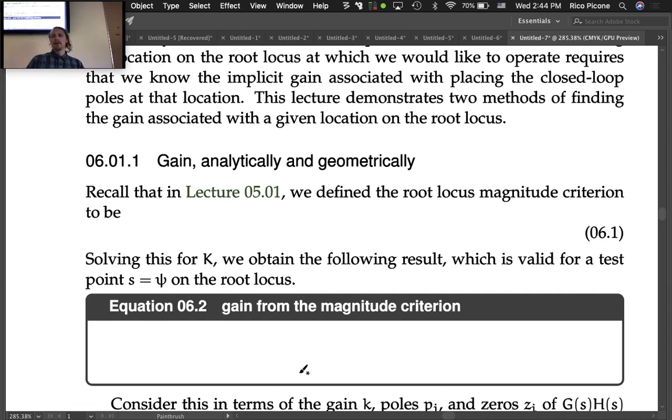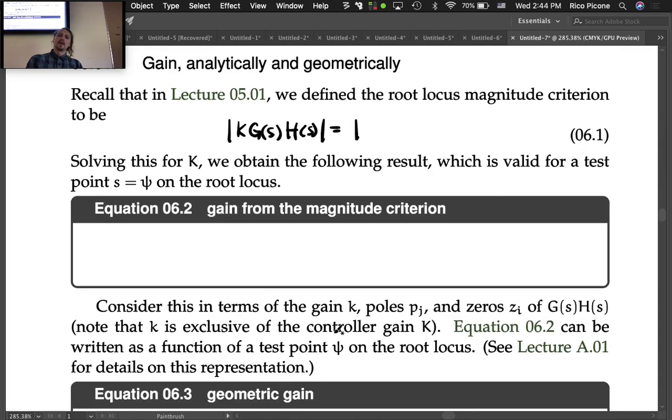Recall at the beginning of Chapter 5, in Lecture 5.1, we defined the root locus magnitude criterion to be that the magnitude of K G(s) H(s), which is the open loop transfer function including the controller gain, must be equal to 1. So this controller gain K can be solved for in this equation.